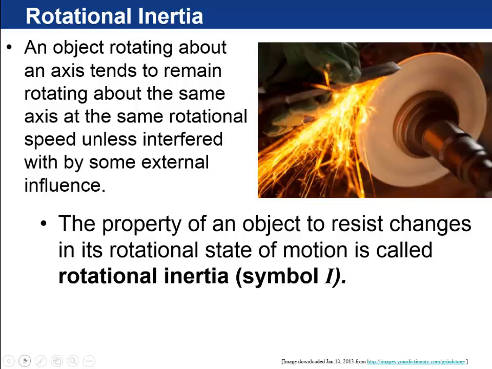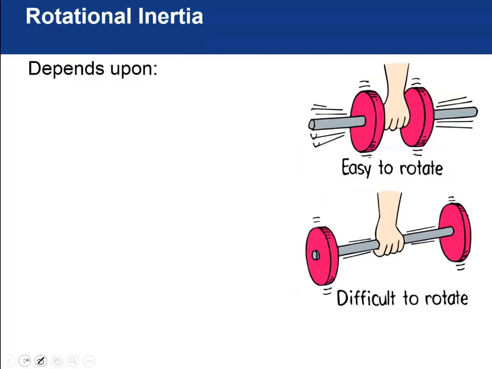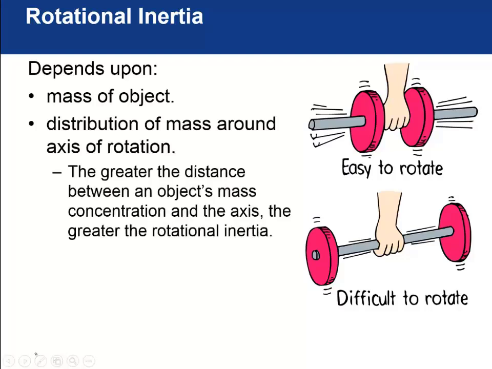The property of an object to resist changes is called its rotational inertia. There's a symbol for that, I, rotational inertia, and the SI unit of rotational inertia is kilograms times meters squared. Rotational inertia depends on the mass of the object and also the distribution of mass around the axis of rotation.